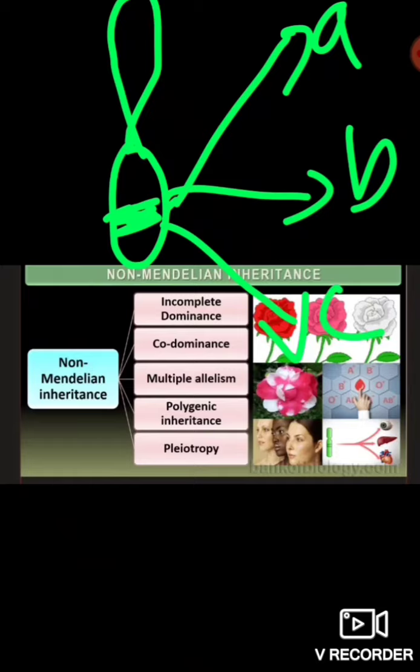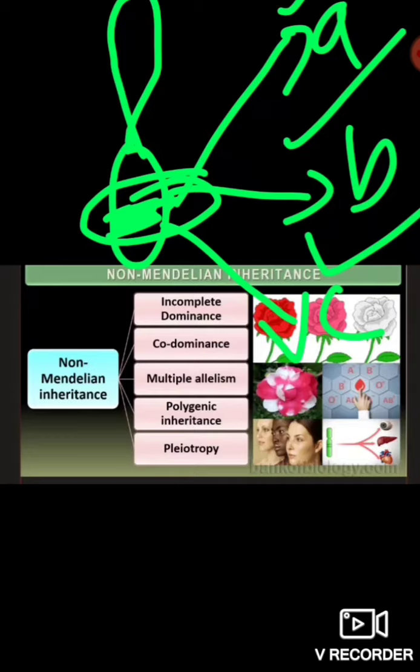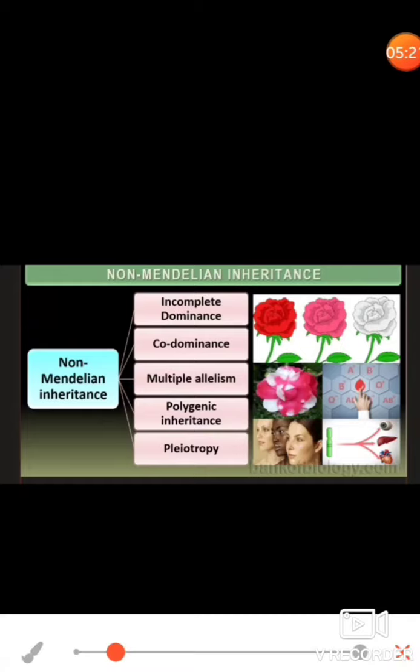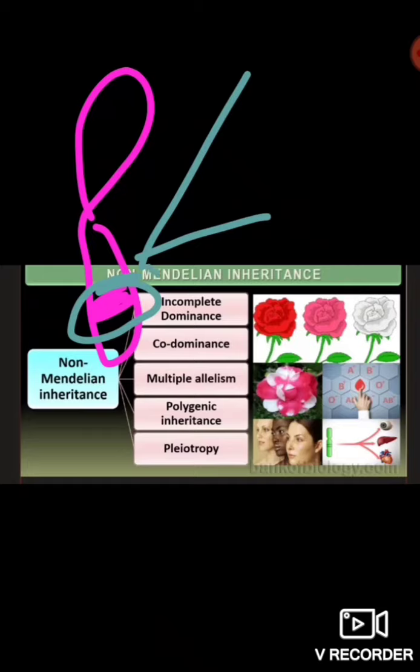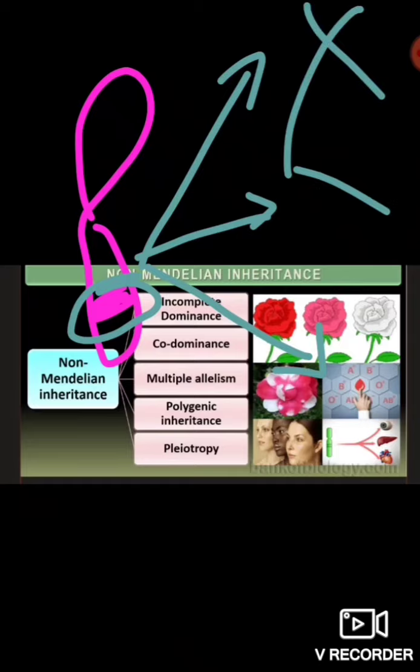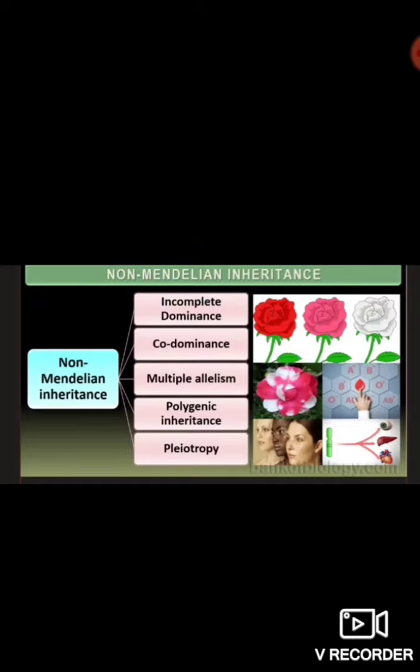If a very important gene is necessary for your good skin, for your mental health, for any other function, and if that gene alone is defective, then all these phenotypes will be affected. If one single very important gene on the chromosome has some defect, then all the characters expressed by this gene will be defective. In such a condition we call it pleiotropy.